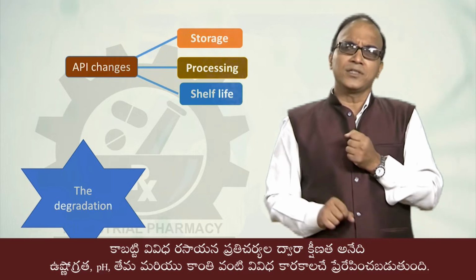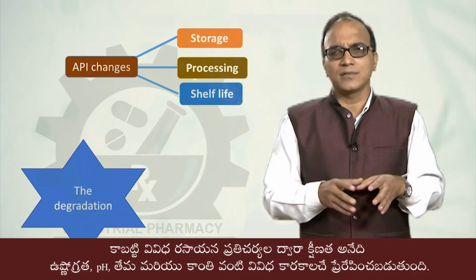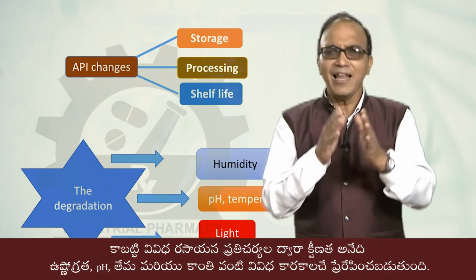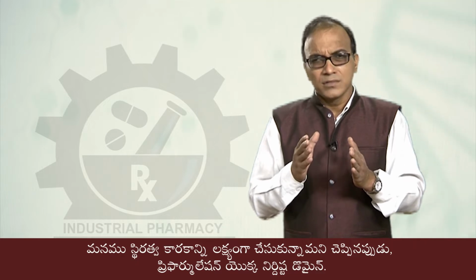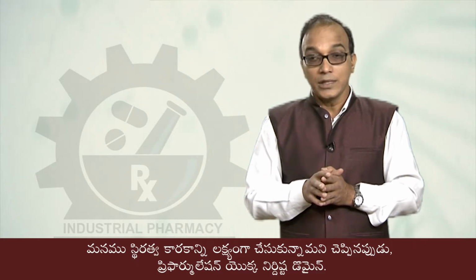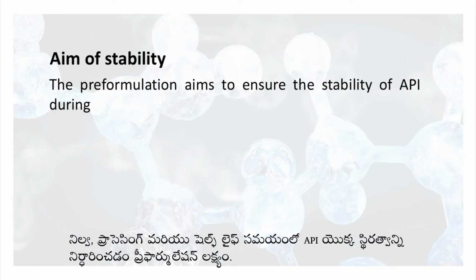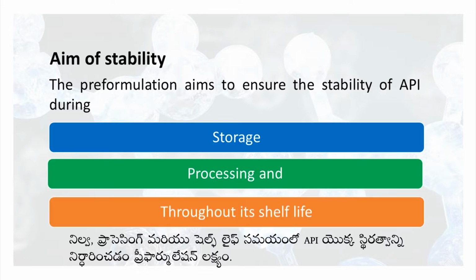So, the degradation through various chemical reactions is triggered by various factors, as you know very well: temperature, pH, humidity and light. These are the factors which affect. Now, when we are aiming at the stability factor, that particular domain of pre-formulation aims to ensure the stability of the API during storage, processing and shelf life.